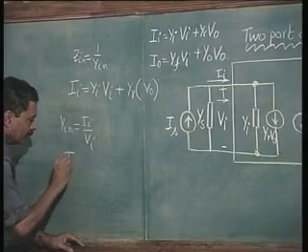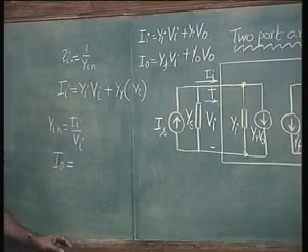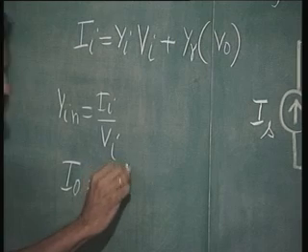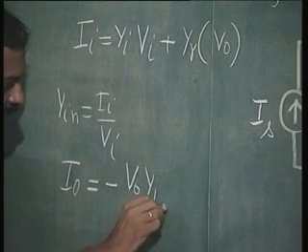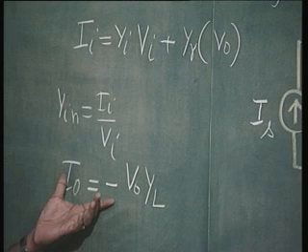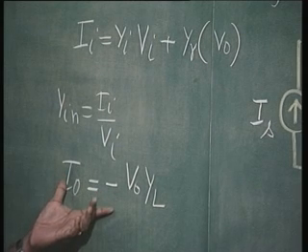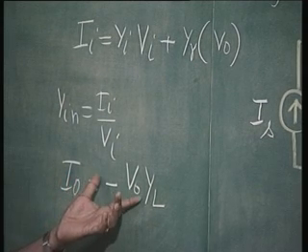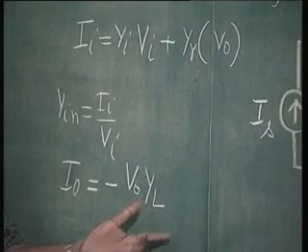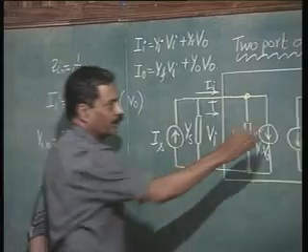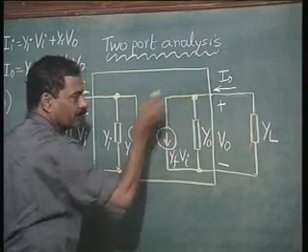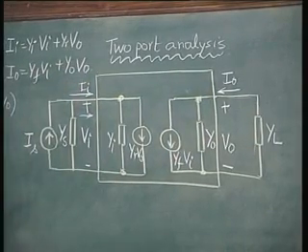I naught in any of these circuits is always equal to minus V naught into YL. This is always the case. I naught is known in terms of V naught and load admittance. Because this is assumed as plus minus, the current would have flown this way, and I naught is assumed to be opposite, we put the negative sign.